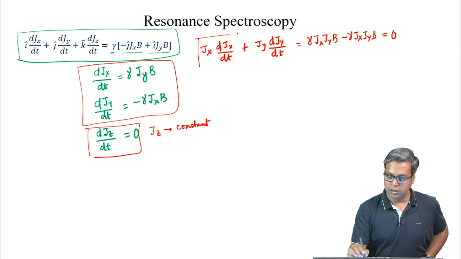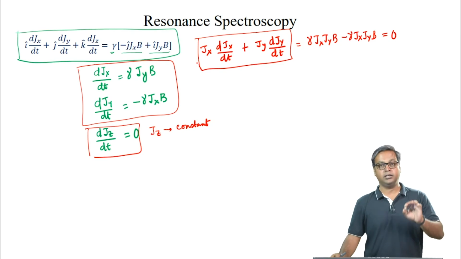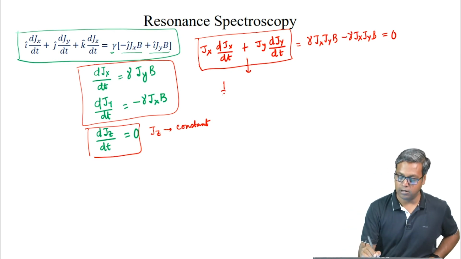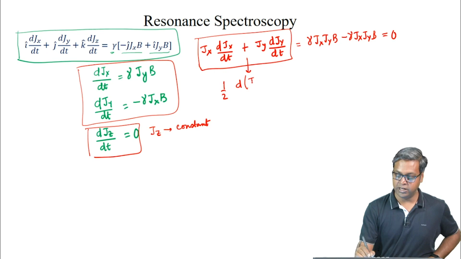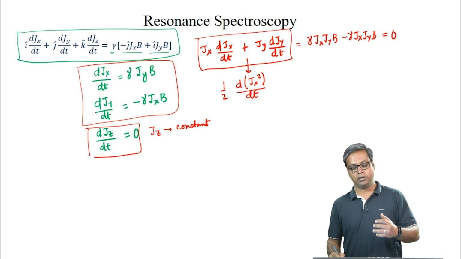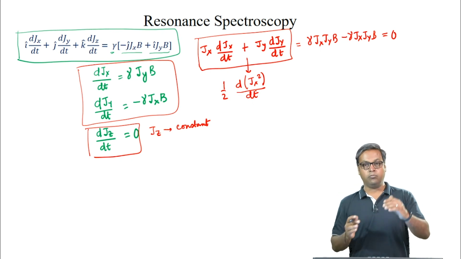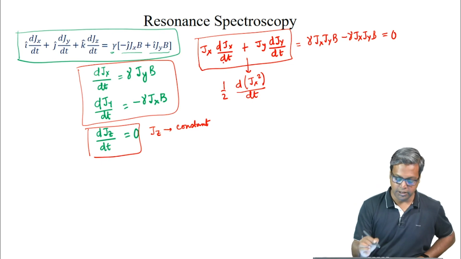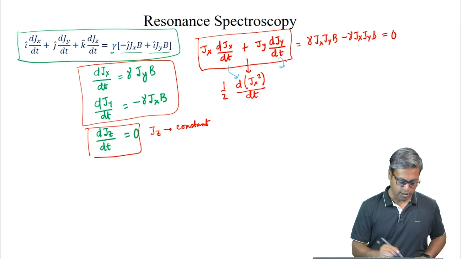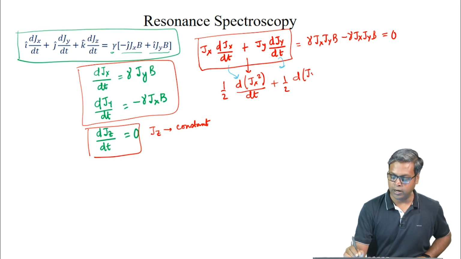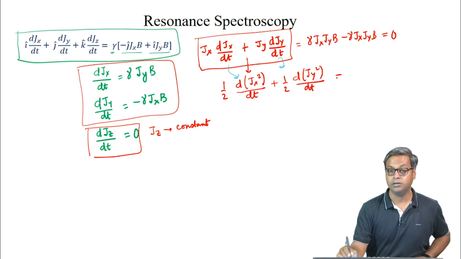Because J_x dJ_x/dt plus J_y dJ_y/dt equals 0, we can further write this as half d(J_x squared)/dt, because if we take the derivative of J_x squared it is 2 J_x, and we are dividing by half, plus half d(J_y squared)/dt equals 0.